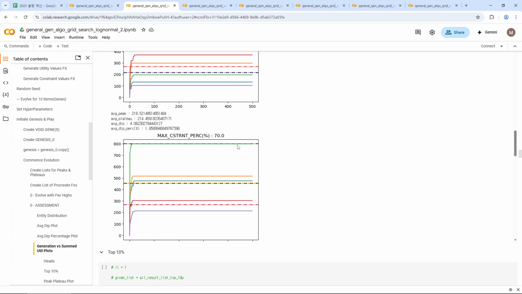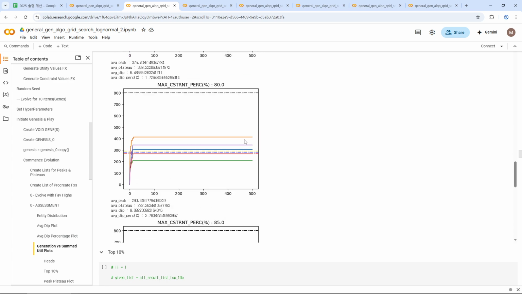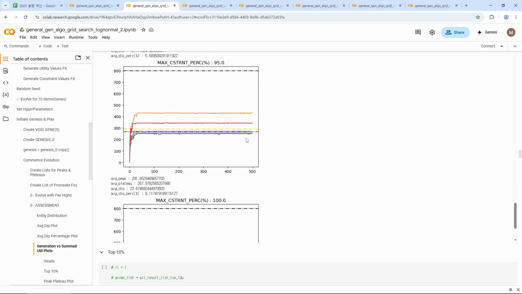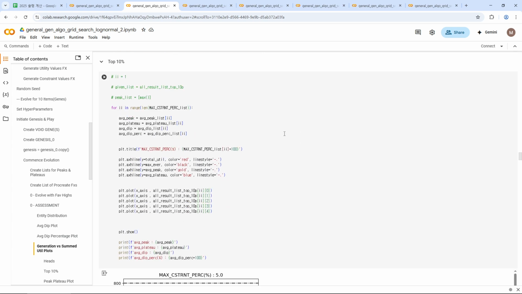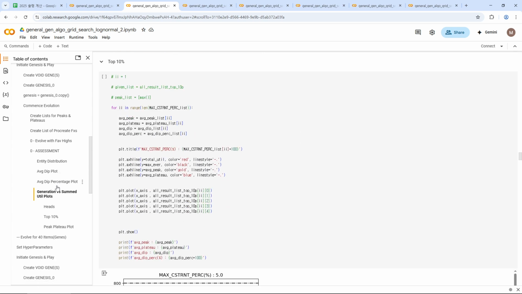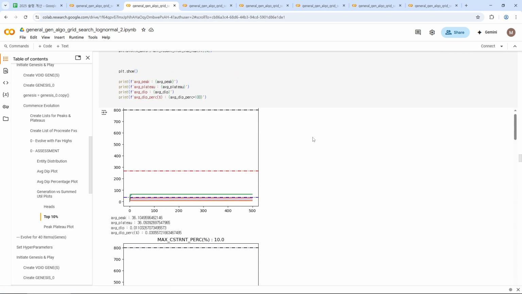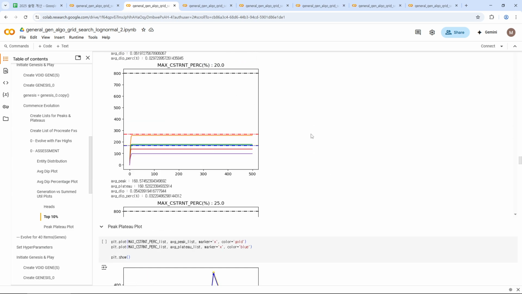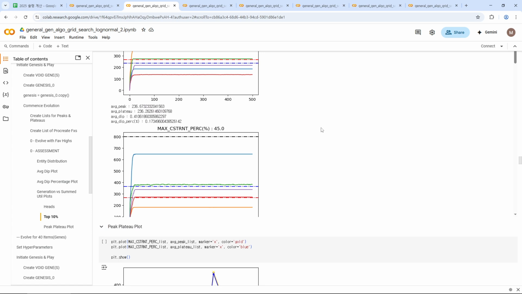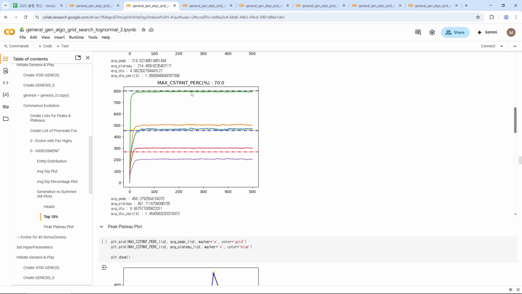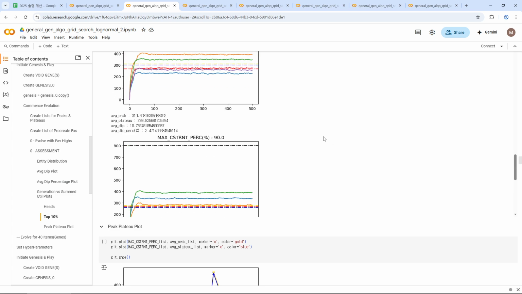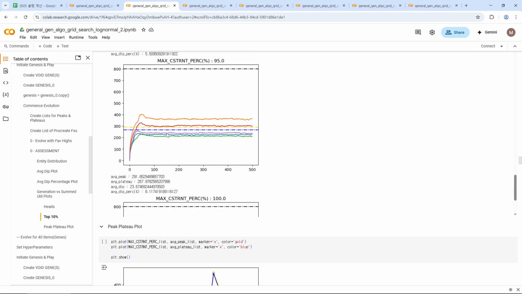There we go, at 70. Okay. So at 70, we have to look at when maximum constraint percentage is at 70%. We go way down. Where is 70? There we go. Okay, we do have some peaks now.